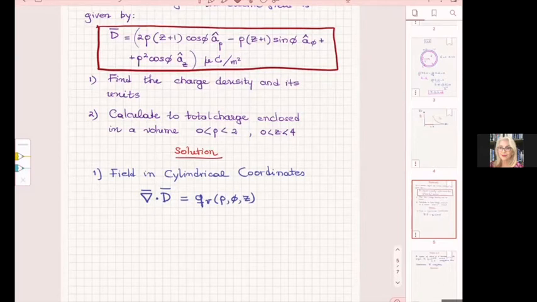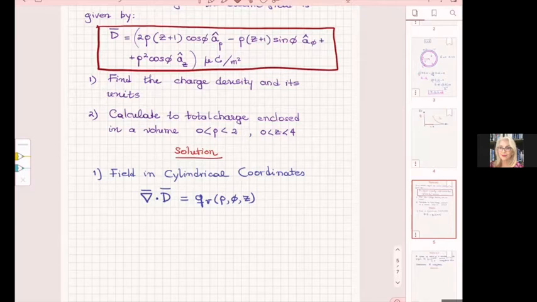Get the book; at the back cover, it has all of the differential operators in every coordinate system.